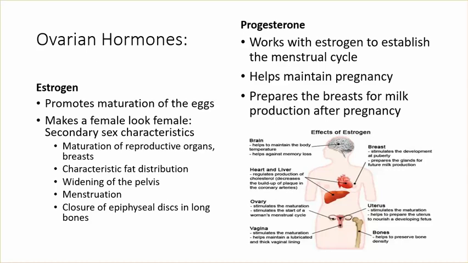Prolactin is the hormone that makes lactation, but progesterone makes the breast ready to be stimulated by prolactin. Right? Again, estrogen, just like testosterone, is involved with maintaining body temperature and memory and bone growth. So it's anabolic, it regulates heart and liver. So it has a lot of different characteristics.